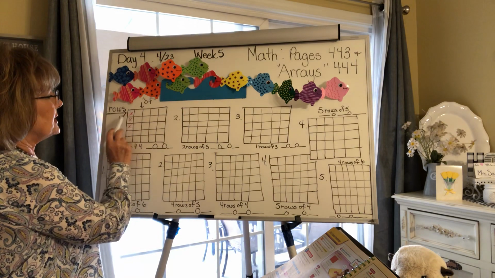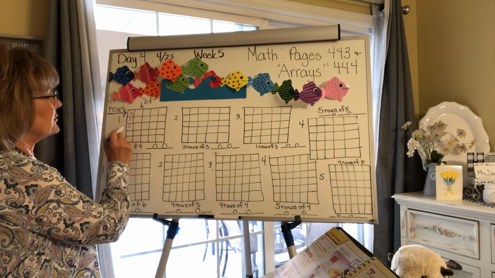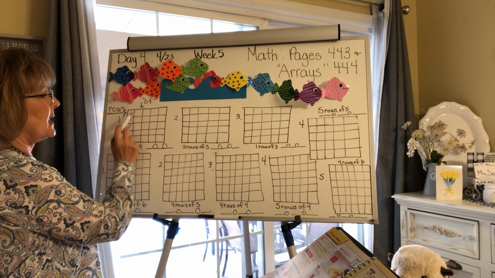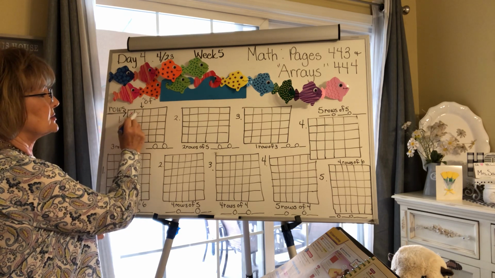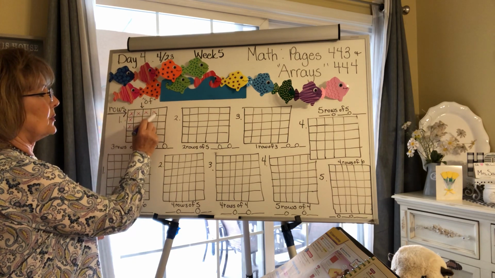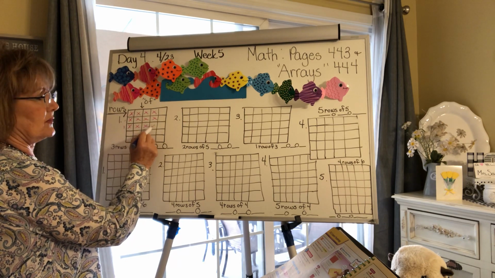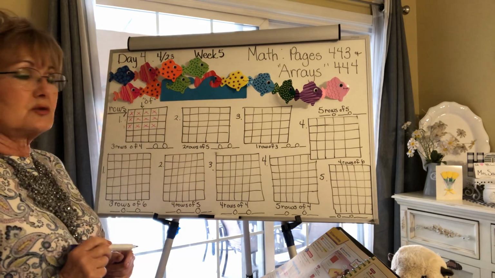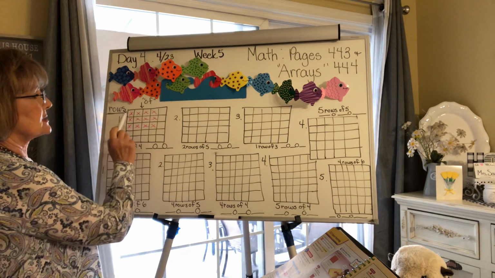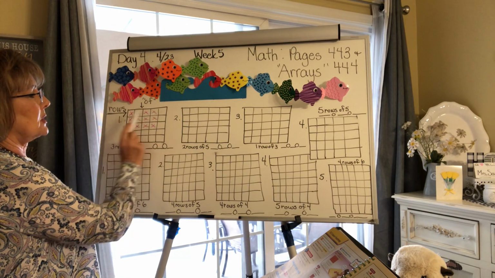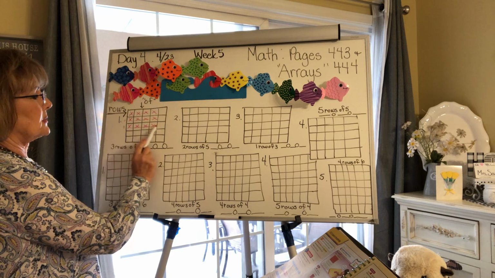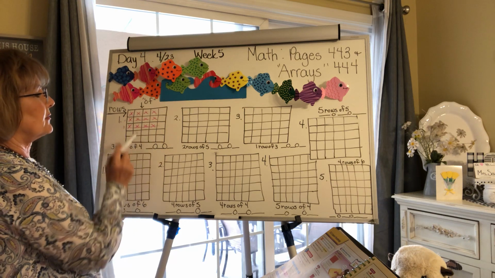So it's 3 rows, 1, 2, 3 of 4. I count 1, 2, 3, 4. So each row has 4. Okay, each row has 4 squares. 1 row, 2 rows, 3 rows. 3 rows of 4.